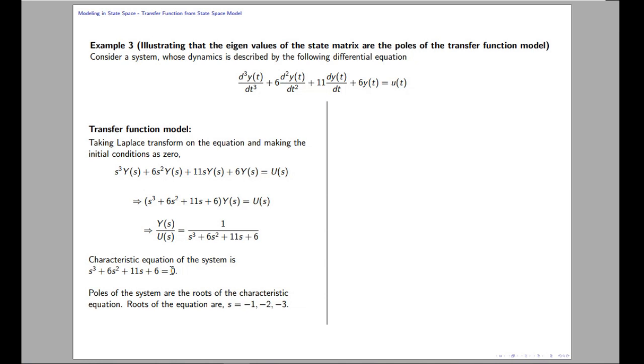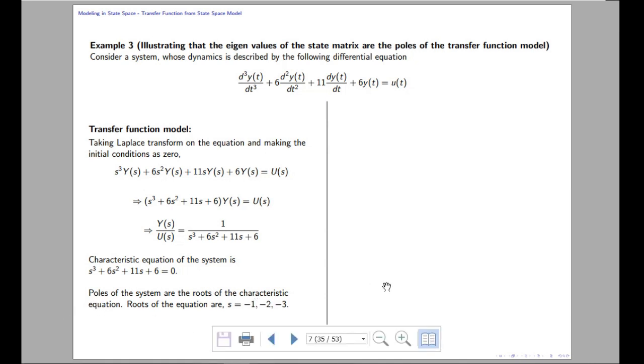You can use your calculator to find out the roots of the equation, because it's a third order equation, and you will see that the roots of this equation are -1, -2, and -3. So for this differential equation we got the transfer function model and the roots of the characteristic equation, or nothing but the poles of the system.